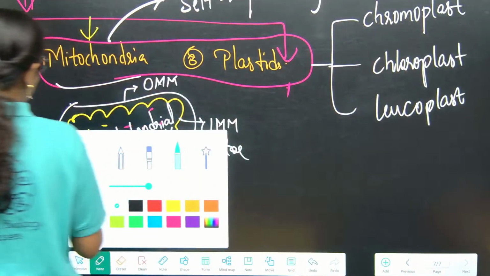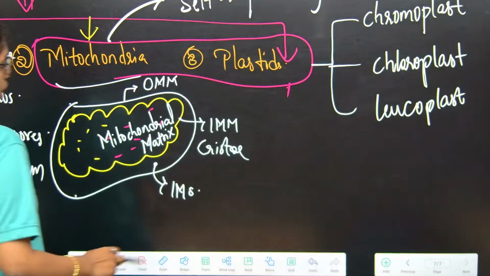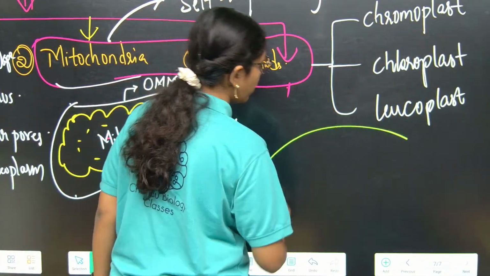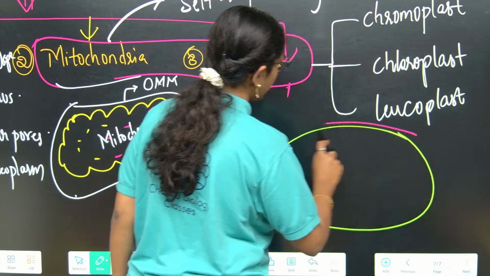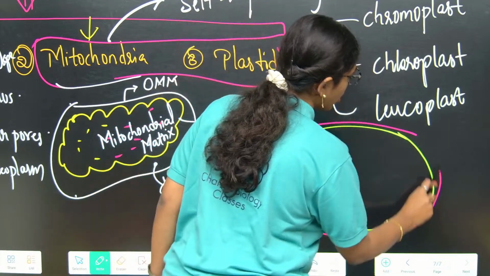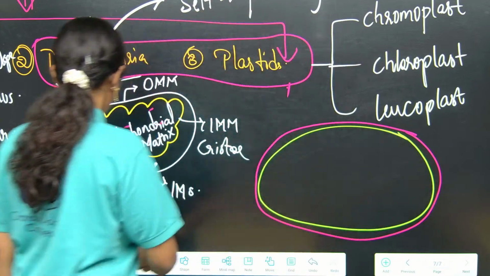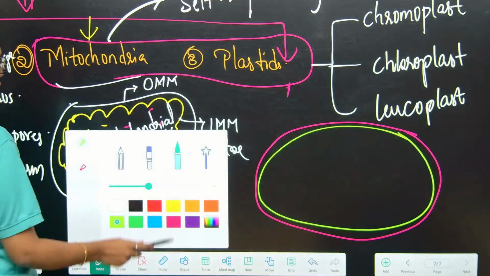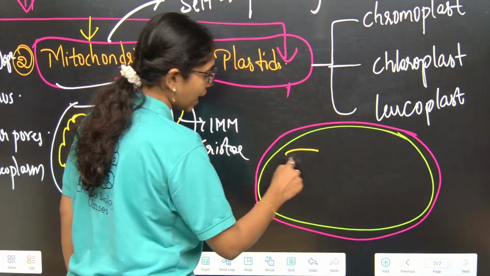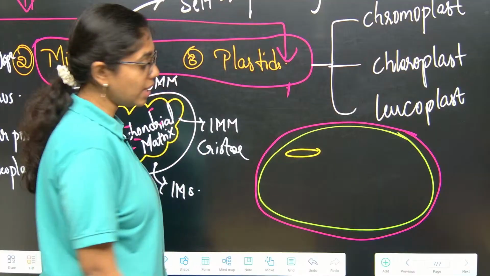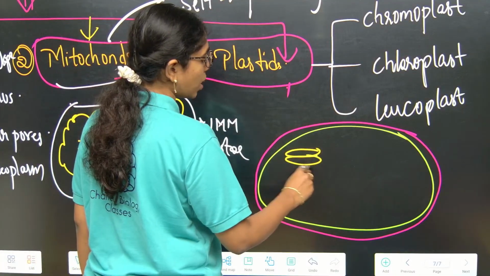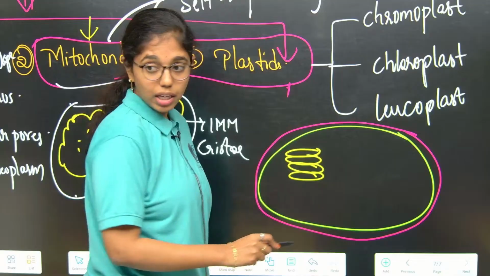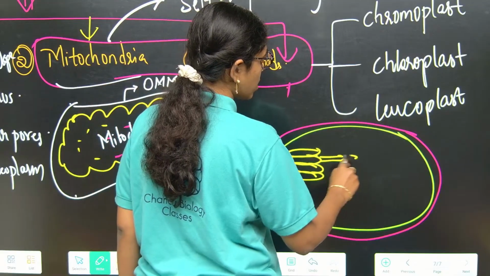Okay. So, here if you see the chloroplast structure, chloroplast is a double membrane bound organelle. Inside the chloroplast, you have membranous sac-like structures called as thylakoids. Stalk of the sac-like structure is grana.